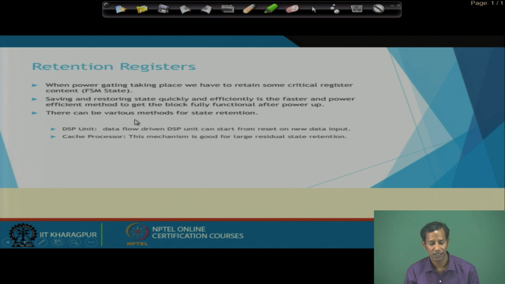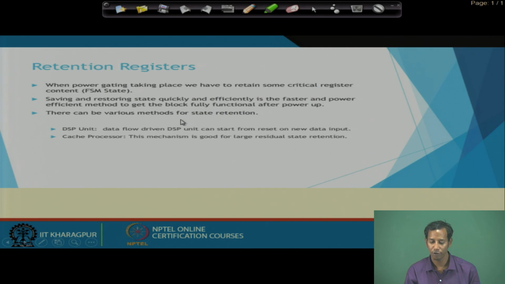What do retention registers say? When power gating is taking place we have to retain some critical registers content, and saving and restoring state quickly and efficiently is the faster and power efficient method to get the block fully functional after the power up.